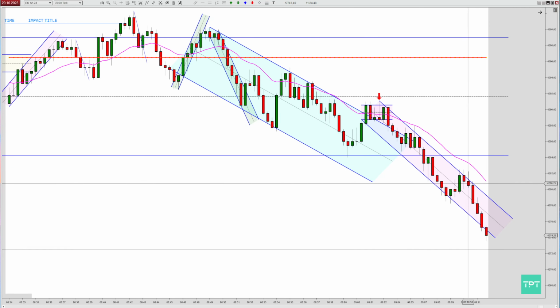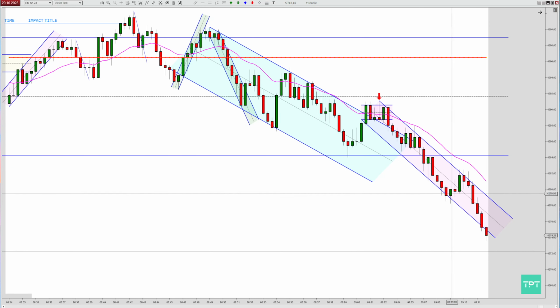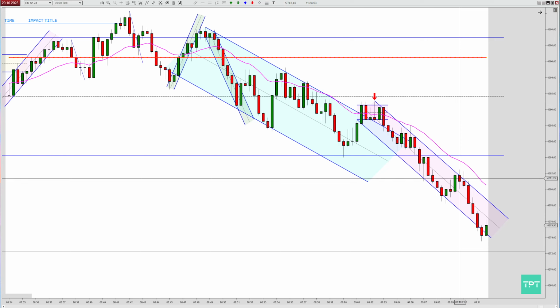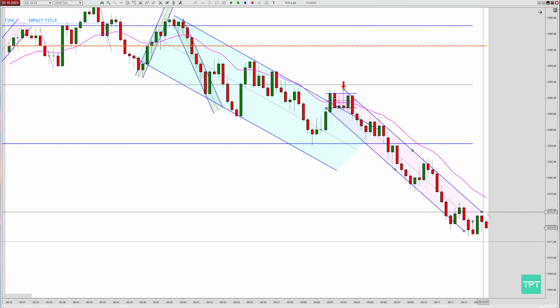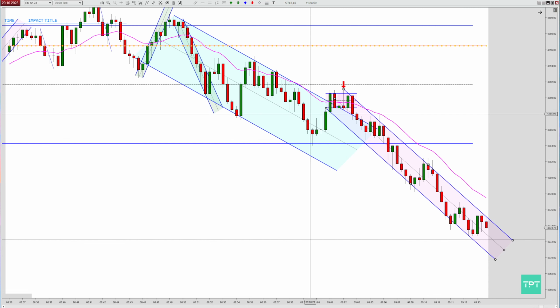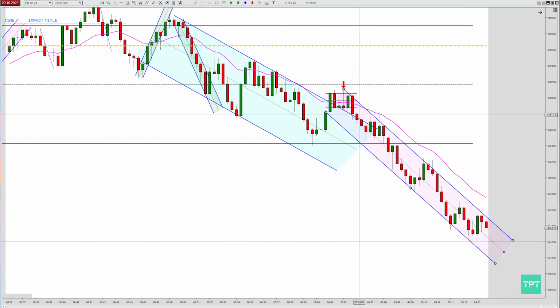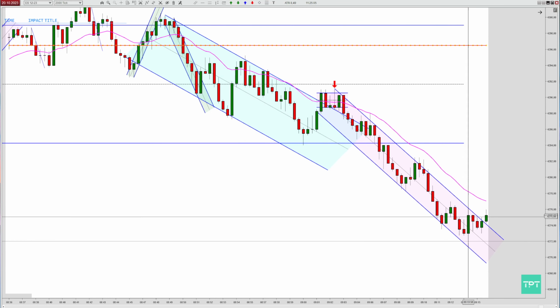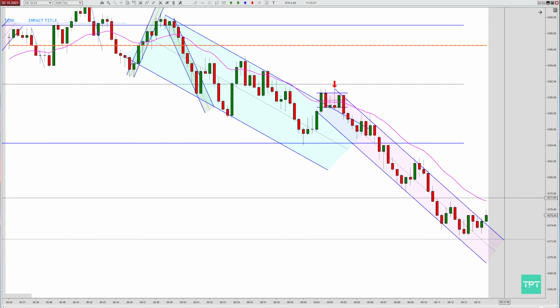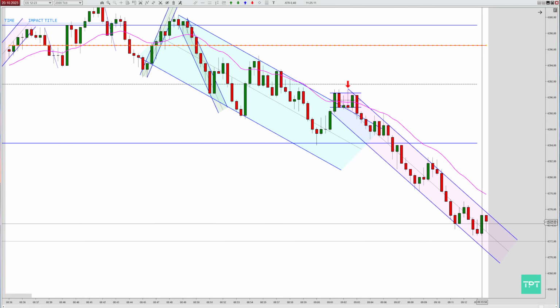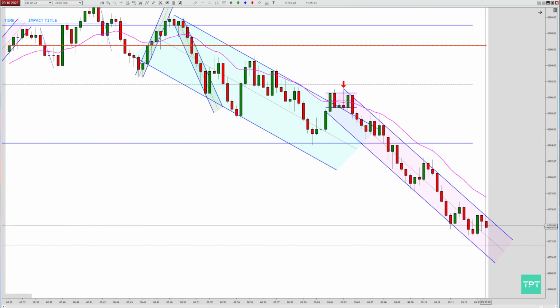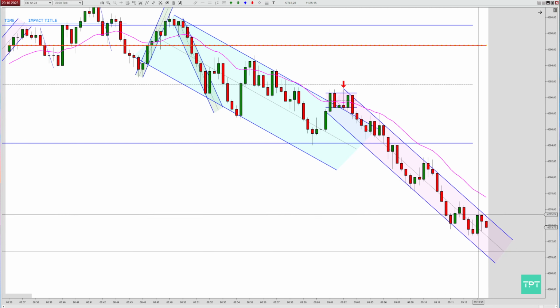No setup here to consider. This is also only a first entry, and we're not back to the EMA, so we're waiting here. And now you can say the key entry point, our channel is being respected, but going that far away from the EMA, I think it's risky to take a trade, because as you can see here, if you take a short so far away, the EMA acts like a magnet.